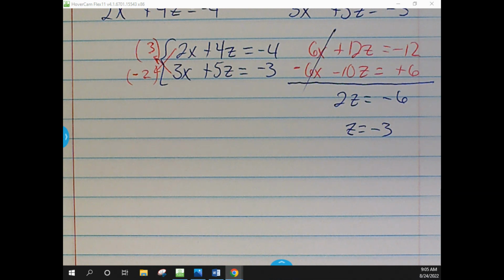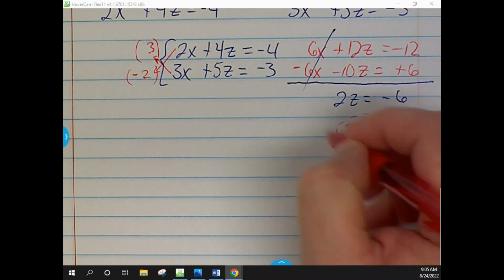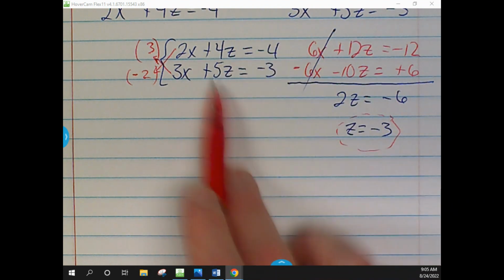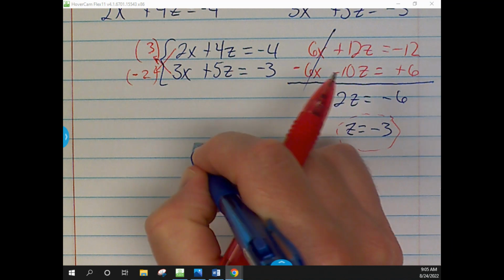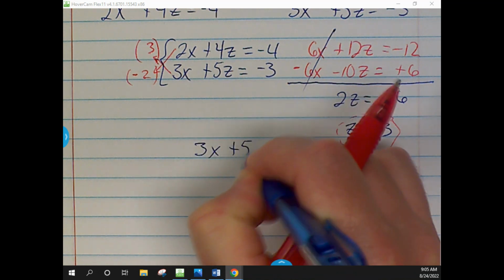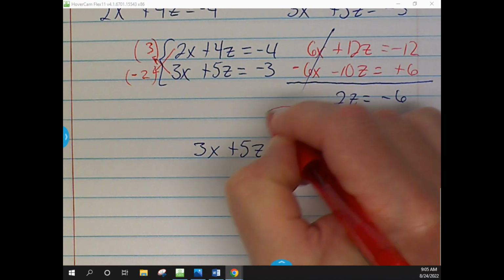All right, and again, just like we were doing 2 days ago, we're going to take this z of -3 and plug it back into any one of these equations we've got right here. Again, it doesn't really matter which one we pick, so let's just go with the one that's on the bottom just because it's closer. So we're going to take the z of -3 and plug it back in right here.